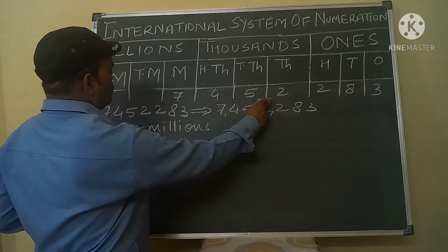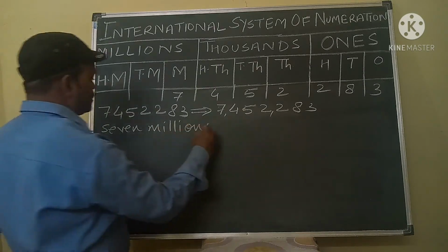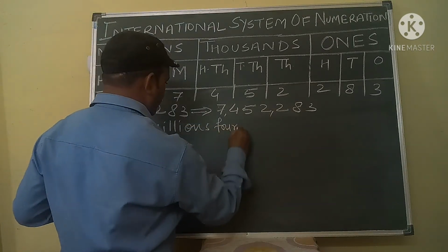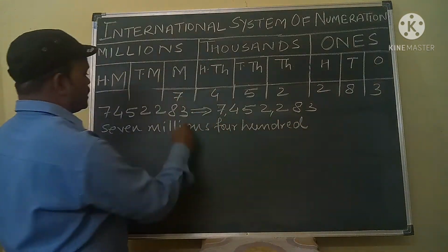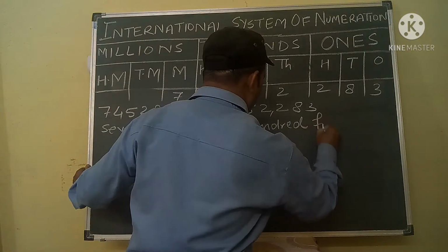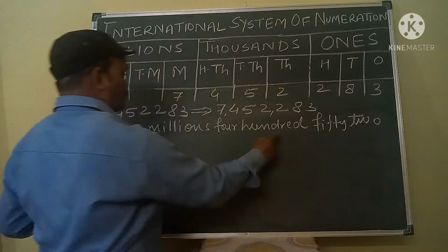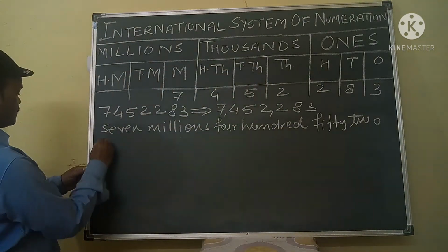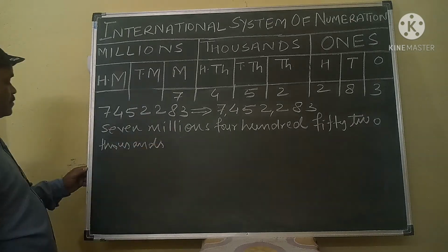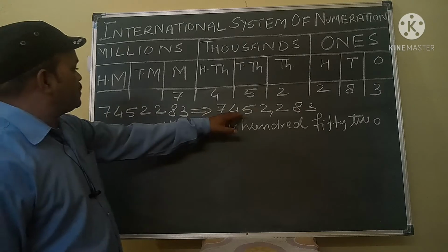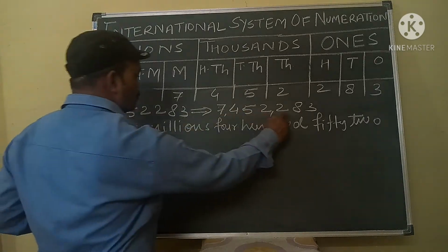452 is in which period? Thousands period. So 7 million 452 thousand 283, that is 7,452,283.